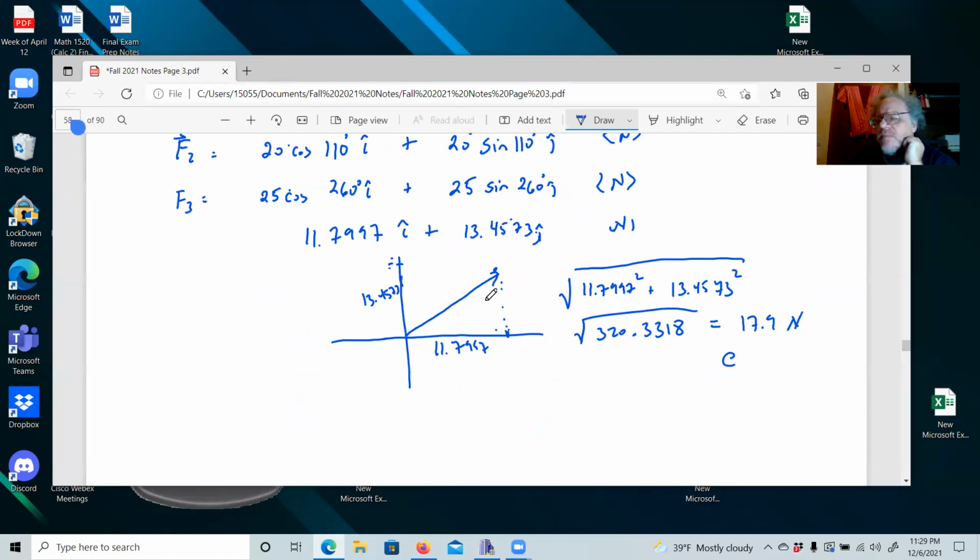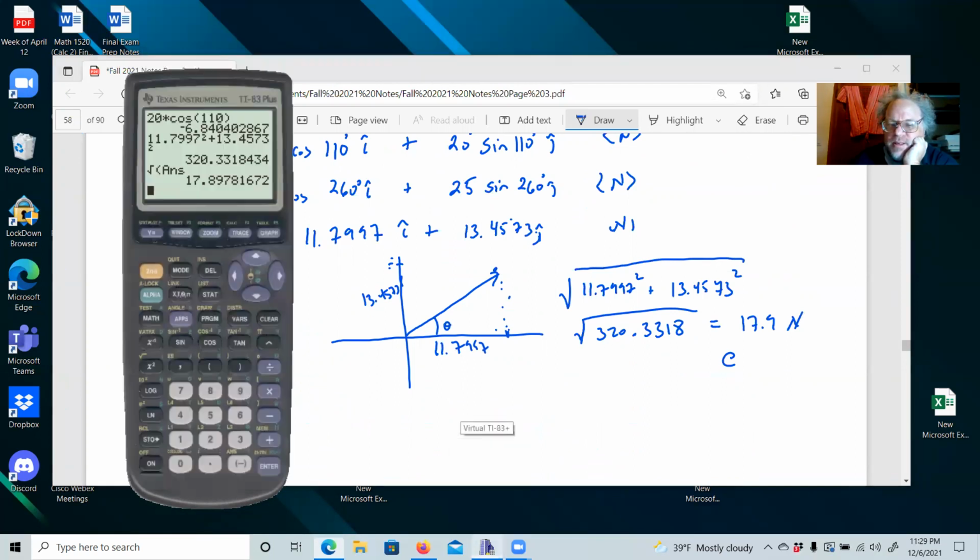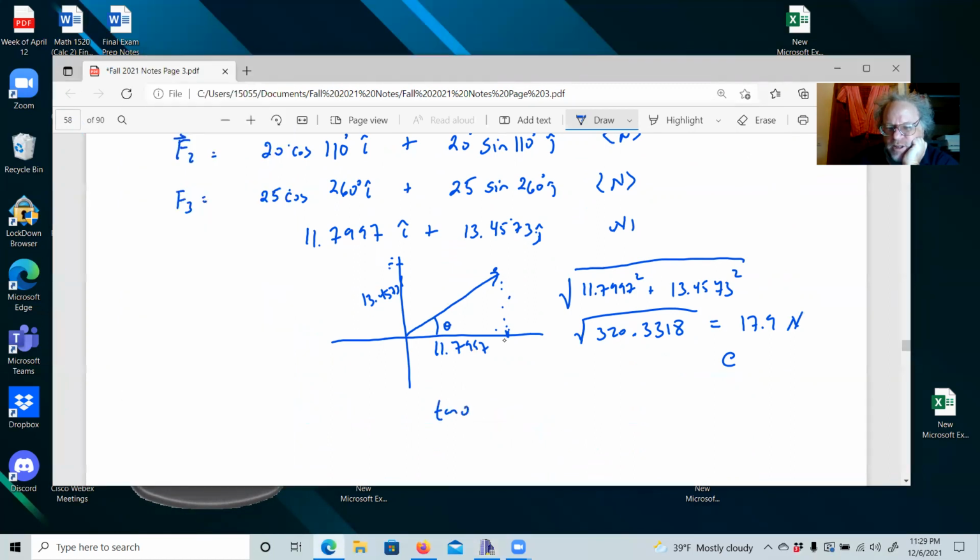And how do I get an angle? Well, what function will relate an angle to an opposite side and an adjacent side? Oh yeah, tangent. Tangent of theta is equal to 13.4573 over 11.7997. You remember doing this at the beginning?